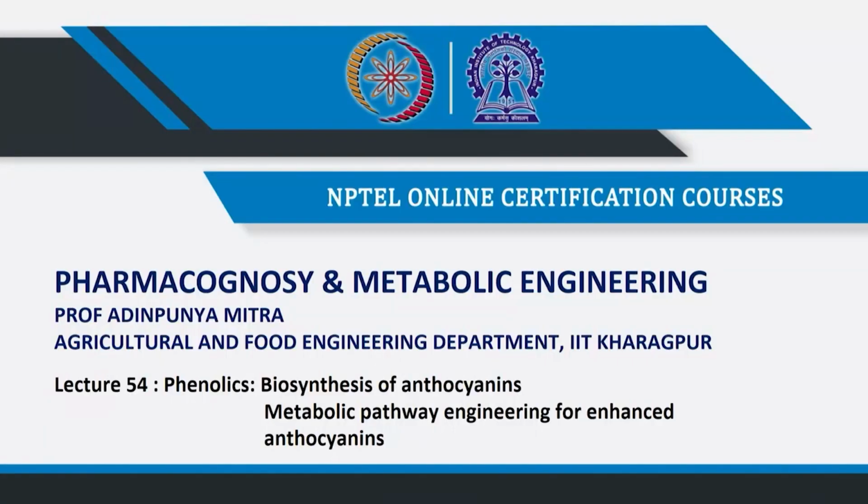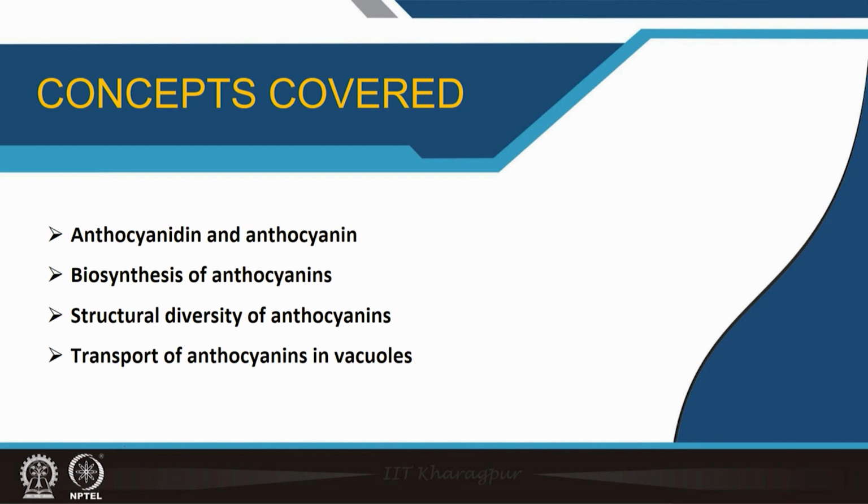This is lecture number 54, where under the broad group of phenolics, I am going to cover biosynthesis of anthocyanins and metabolic pathway engineering for enhanced anthocyanin production. So, let us go to the concepts to be covered.